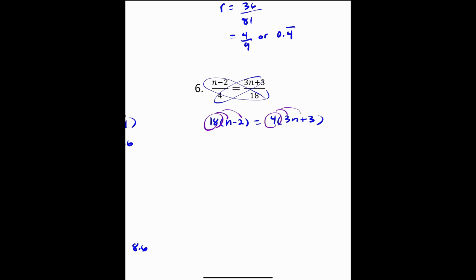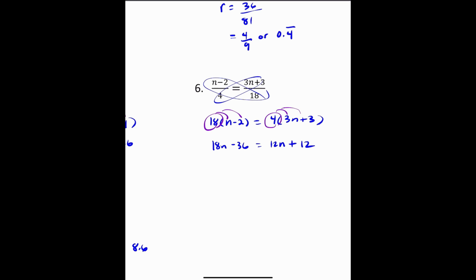And then take the 4 and distribute to each term. So I have 18 times n, that's 18n. 18 times negative 2 is negative 36 equals 4 times 3n, that's 12n. And then 4 times positive 3 is positive 12.